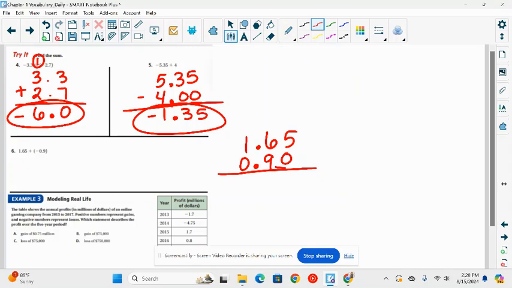Why am I subtracting? Because they're different. Now go next door. Get 10 more. 10 minus 9 is 1, 7. Bring down my decimal. Is it positive or negative? Positive. My answer is 0.75.